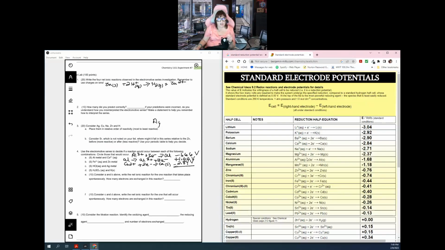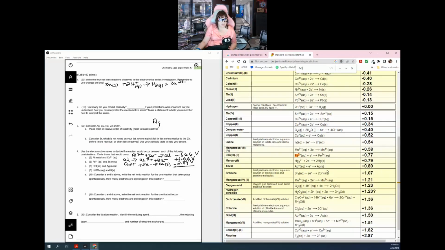Now, remember, when you're looking at the Fe3+, Fe3+ can appear in two different ways. So you can find the Fe3+ plus an electron goes to Fe2+. Okay, so we could be considering that one right there. That's the iron 3 to iron 2.